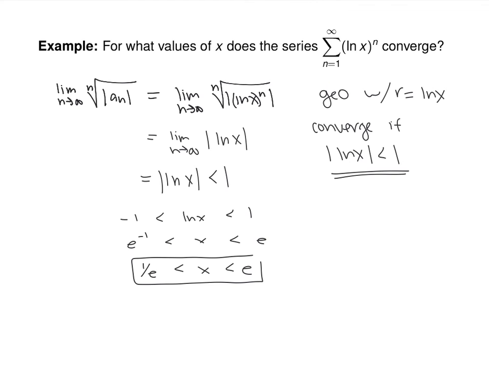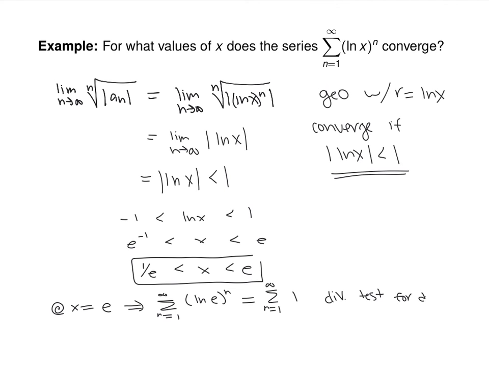If you did test the endpoints, so say you want to be extra certain, you say, okay, well, at x equals e, we'll do the easy one first, we get the sum from n equals 1 to infinity of natural log of e to the n. Well, natural log of e is 1, 1 to the n is 1. This is the sum from n equals 1 to infinity of 1. That diverges by the test for divergence.